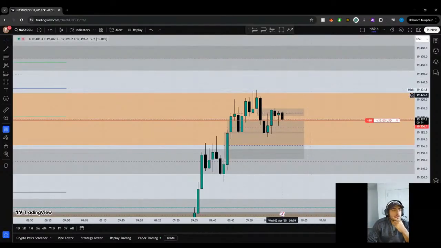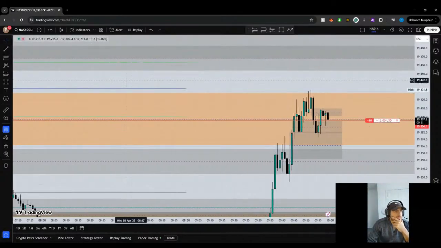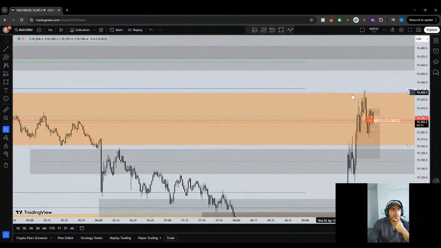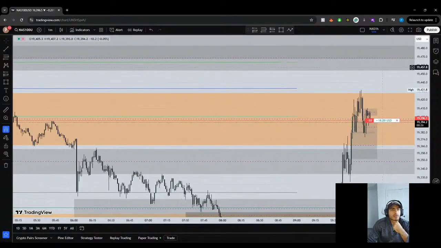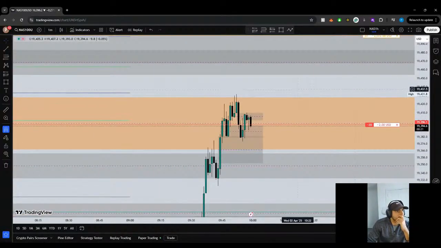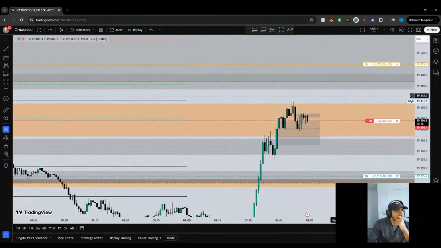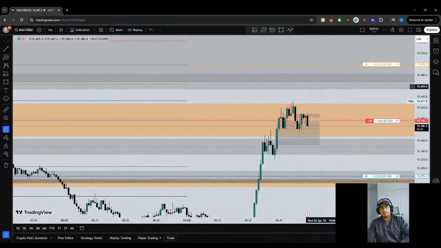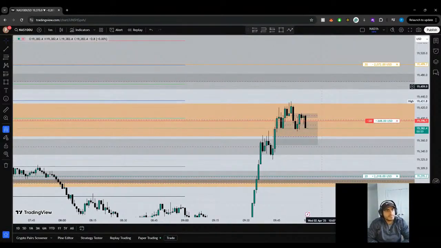It's usually that when all of these fail, the last line of defense is like the 70% retracement, which was right here, for like market structure. Let's see. Come on. Come on.